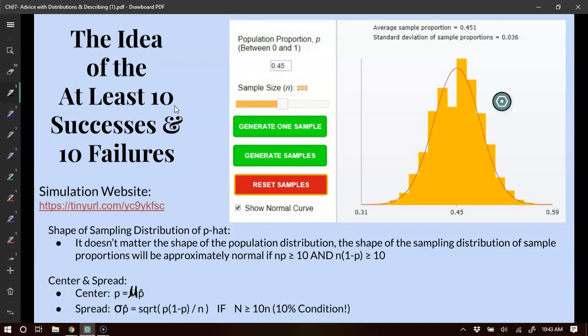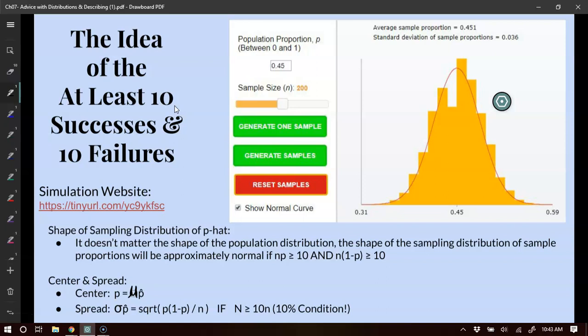The spread is going to be the square root of p times (1 minus p), successes times failures, divided by your sample size n. This requires the 10% condition: the population must be bigger than 10 times the sample size. That is the idea behind the sampling distribution of p hats.